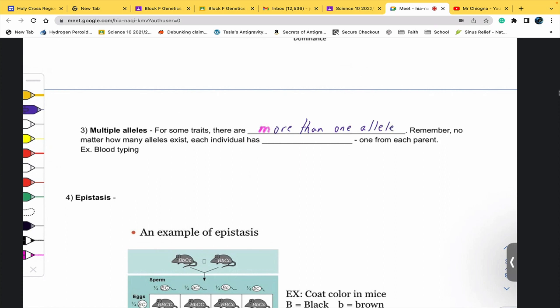Okay, so what do I mean by that? I mean different versions. That's what I mean by more than one. Different versions of a gene.